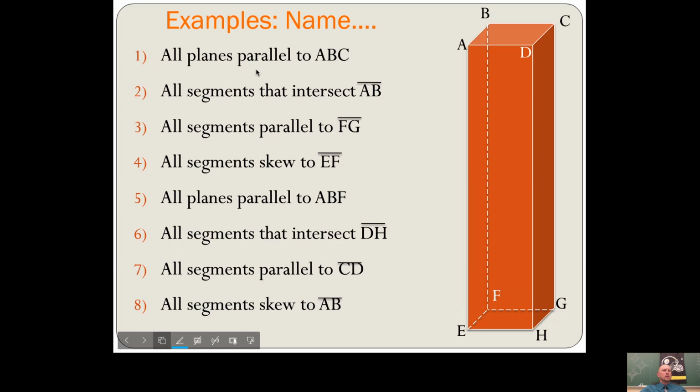Here's some examples. Number 1, name all planes parallel to plane ABC. That's the ceiling. Well, there's only one plane that's parallel to it. That's the floor. So name the floor. Plane FEH. Number 2, all segments that intersect segment AB. So there's two segments that intersect at point A, and there's two segments that intersect at point B. So segment AE obviously touches this because they both have an A. Same thing with segment AD.